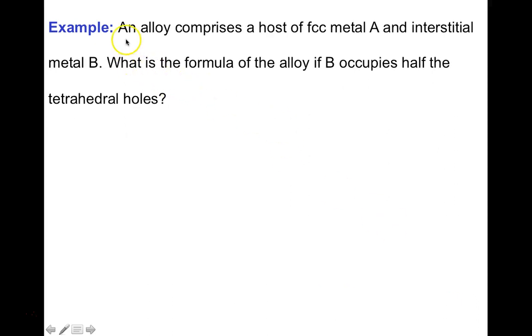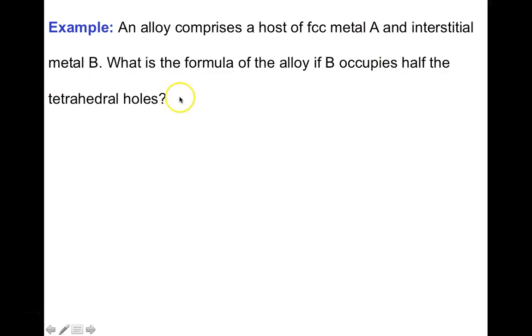Here's another one. It says an alloy comprises a host face-centered cubic metal A, so we've got 4 A's, and interstitial metal B. So B is going to be in octahedral and tetrahedral holes. What is the formula of the alloy if B occupies half the tetrahedral holes? There's a face-centered cubic array of A, so that means we've got 4 A's per unit cell.